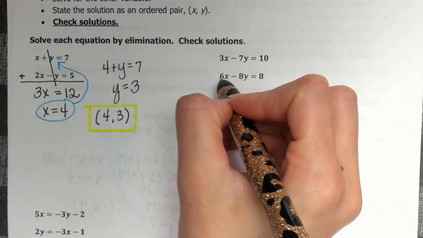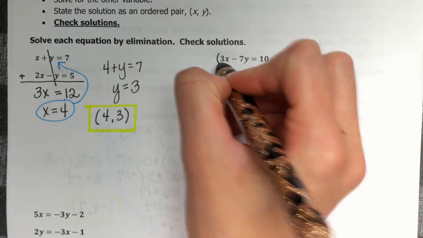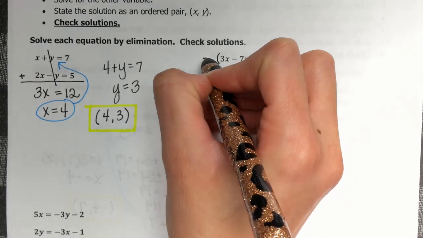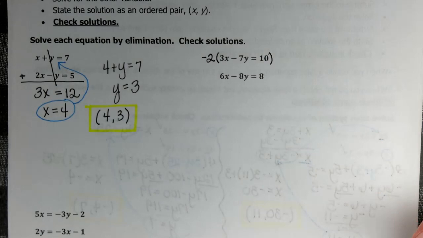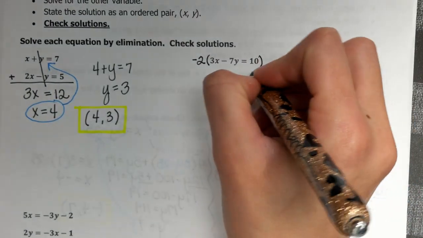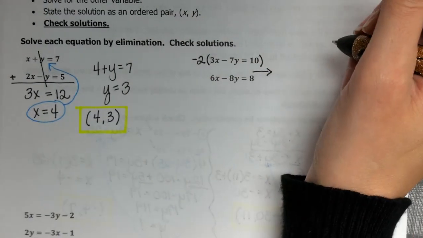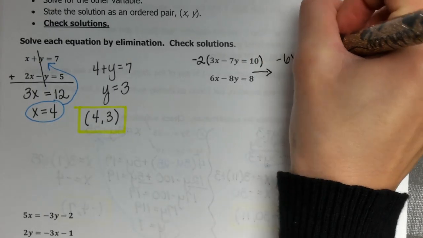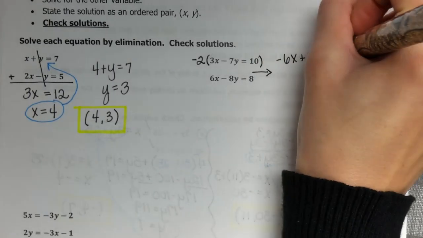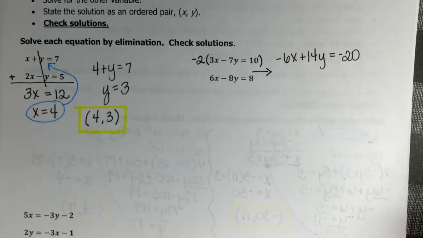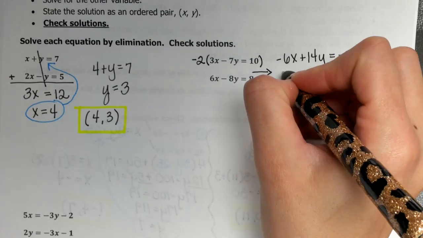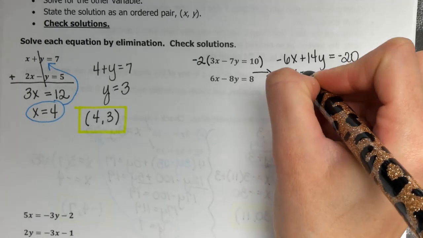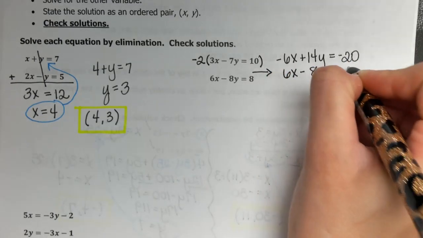So if I want this to become a negative 6, what am I going to multiply it by? Negative 2. So I'm going to rewrite my system, and my top equation becomes negative 6x plus 14y equals negative 20. And then my second equation, I just copy down 6x minus 8y equals 8.